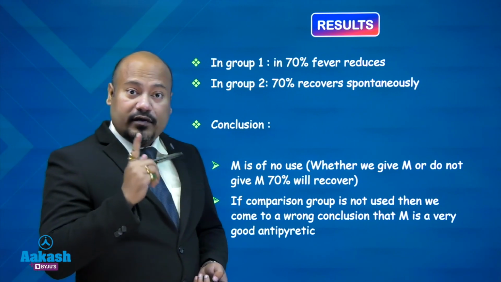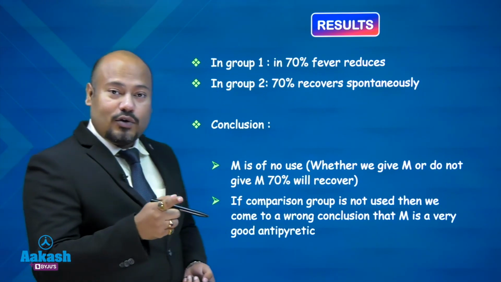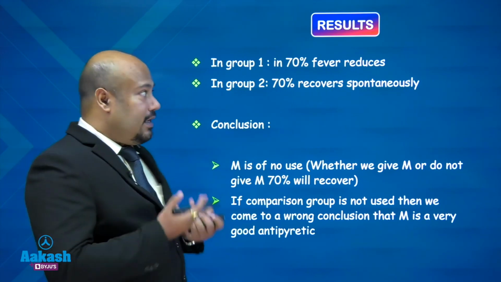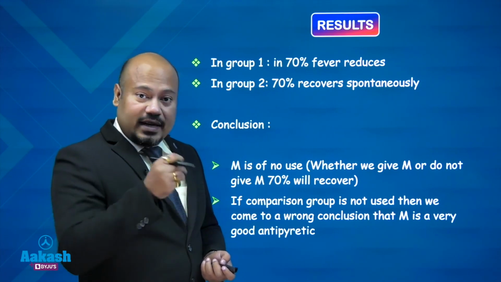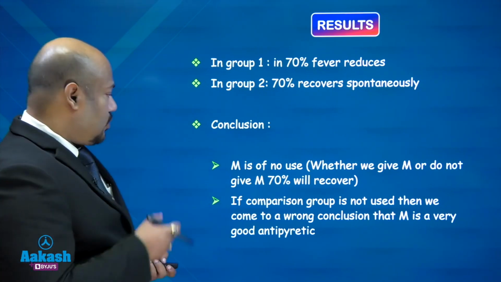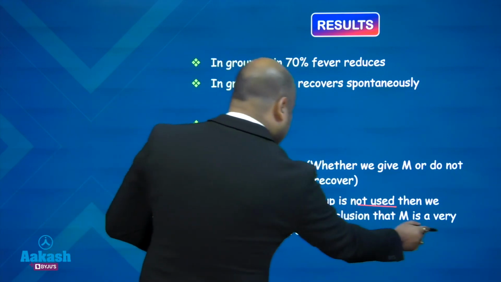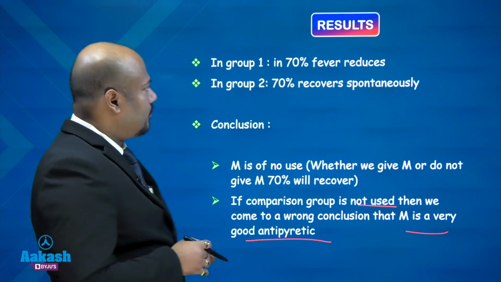That's the importance of a control group, okay, or a comparison group. Because if you are not using the control or the comparison group, you would have come to a wrong conclusion that yes, drug M is a potent antipyretic and has a very good temperature reducing ability, yes or no? So if the comparison group is not used, then we come to a wrong conclusion that M is a very good antipyretic.